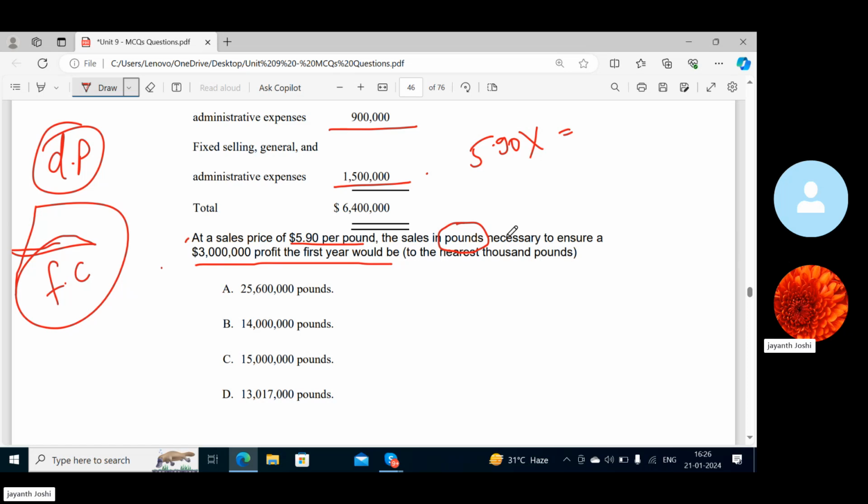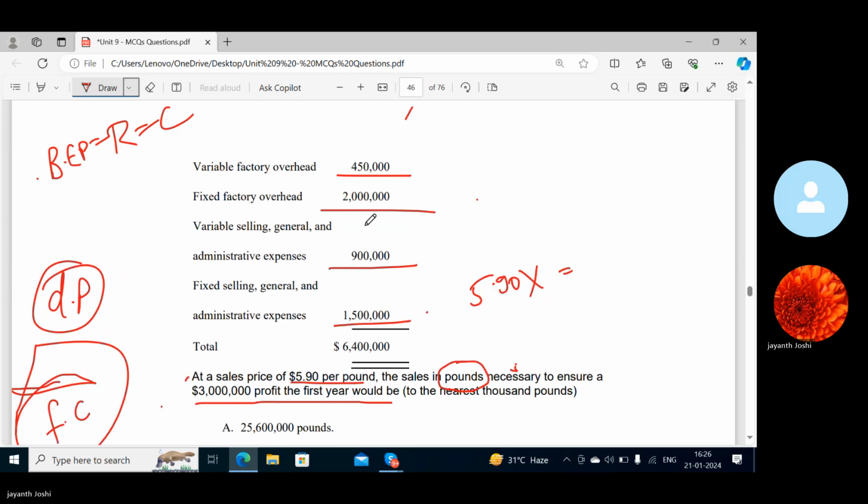If the profit is desired and they want to recover it, it is treated as fixed cost because it is fixed. Except this profit, what is the fixed cost given? Fixed factory overhead, this is 2 million.